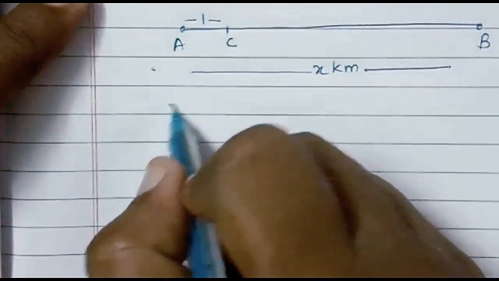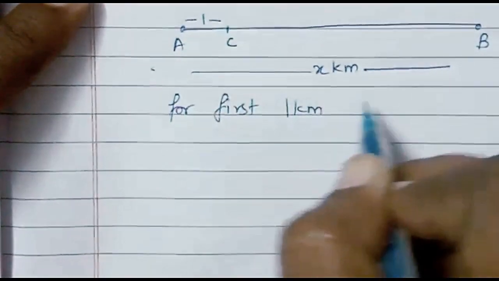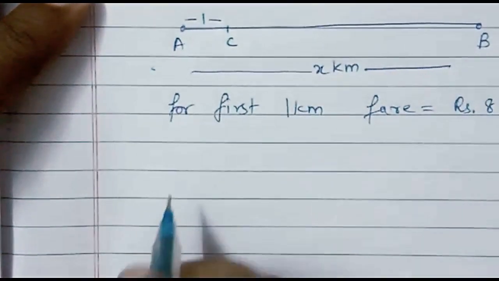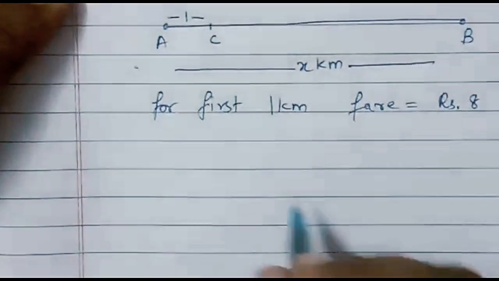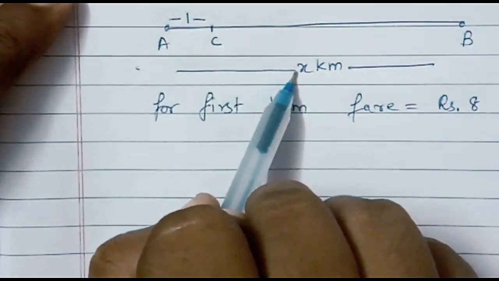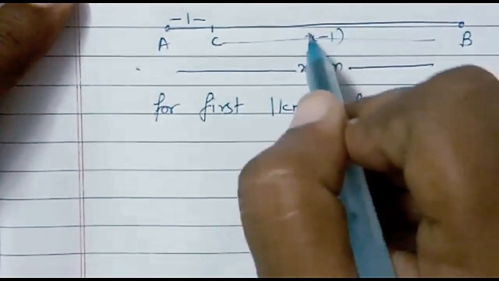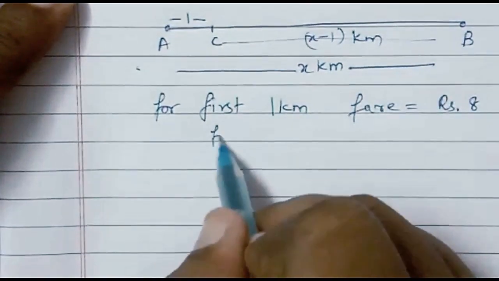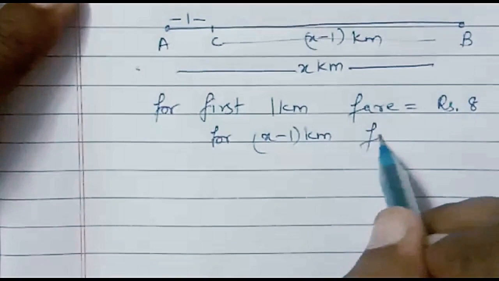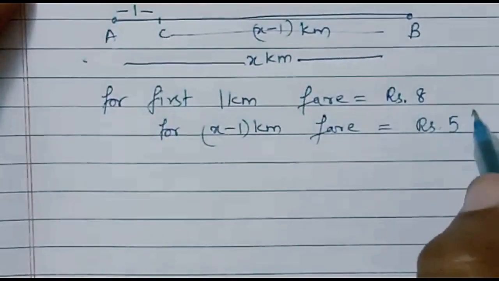Because it is separately written that for the first 1 kilometer the fare is rupees 8, and for the rest of the kilometer it is 5 rupees. So if 1 kilometer is subtracted out of total distance x, the distance travelled here from C to B will be x minus 1 kilometer. So we can say for x minus 1 kilometer the fare will be rupees 5 per kilometer.